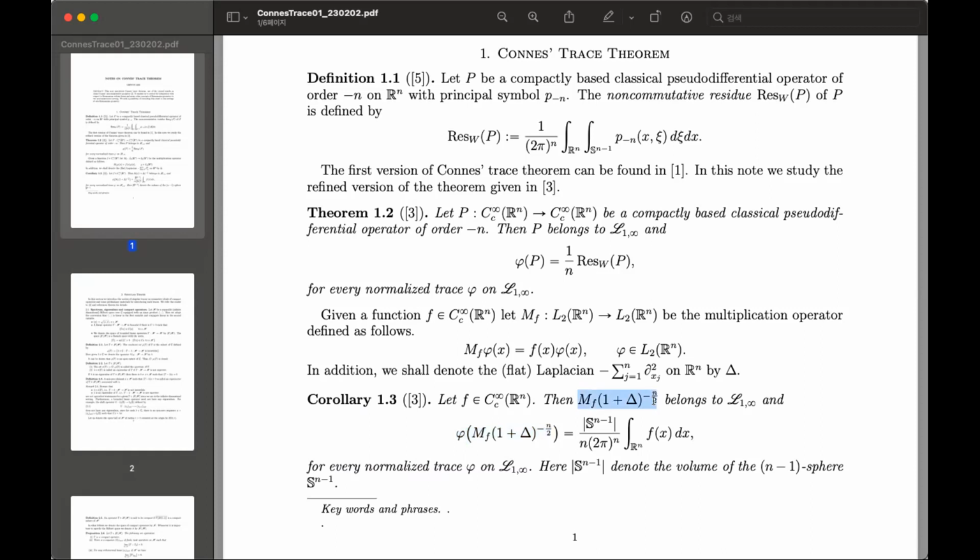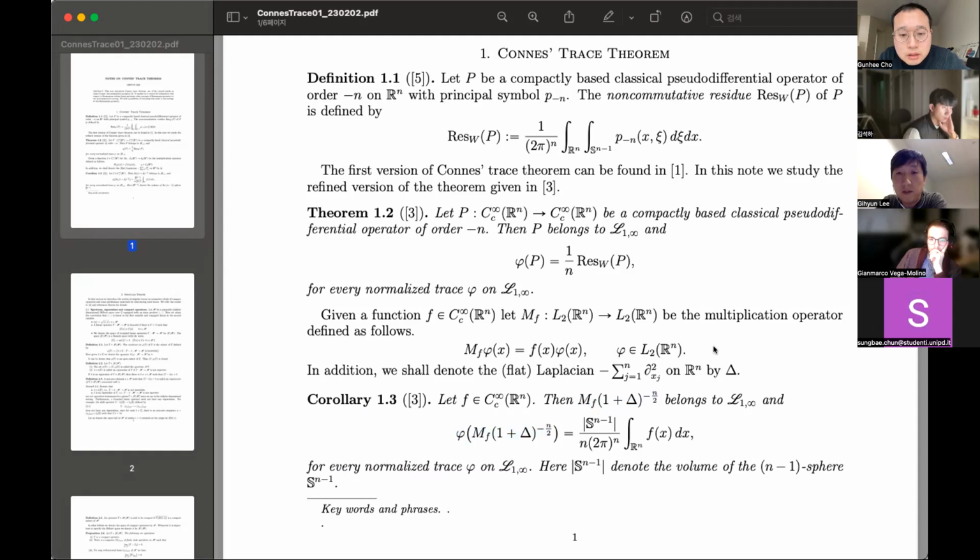So what is the meaning of this Connes' trace theorem? This is the purely spectral data description of the integration on the manifold. Okay, so this connects the spectral data of the operator on the Hilbert space to the integration on the manifold.